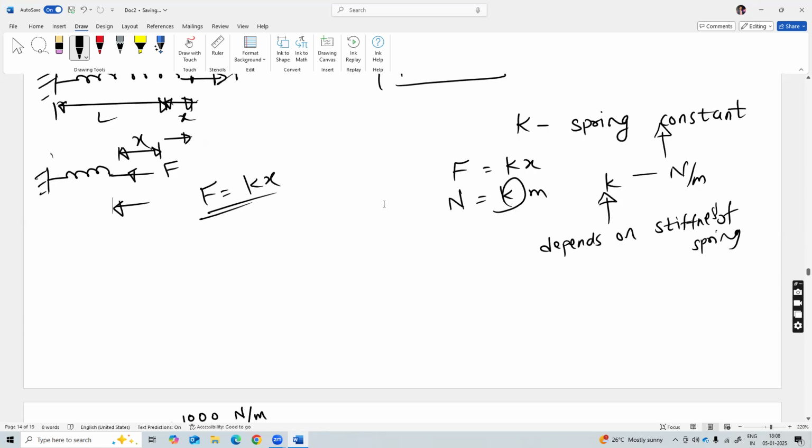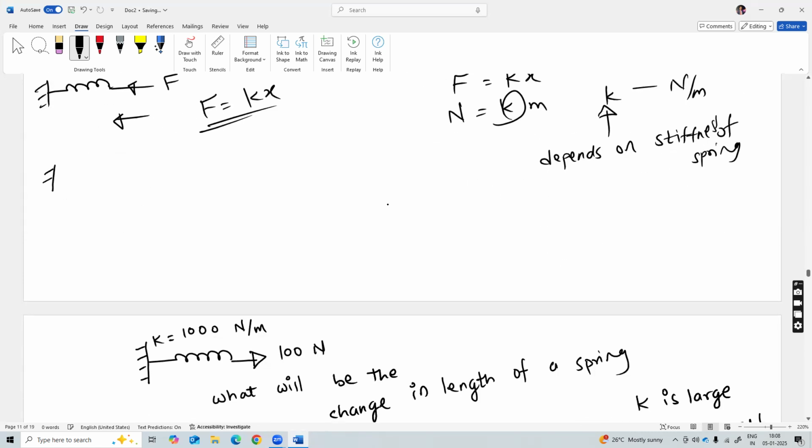Let's say you have a spring connected here. If you apply force F in this direction, then from Newton's third law there will be a restoring force in the opposite direction. Initially, let's say this was the length of the spring, equal to L. Now there is a change in length of the spring in this direction, but the F that is proportional to minus kx is the restoring force, so it acts in the opposite direction, whereas the change in length is in this direction.